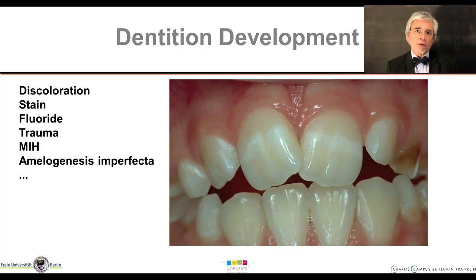These can be simple discolorations, or there are also influences of too high fluoride concentrations, traumas in which the ameloblasts can be damaged, or also this molar incisor hypomineralization, abbreviated as MIH, the causes of which are still obscure, or also known damages such as the amelogenesis imperfecta.